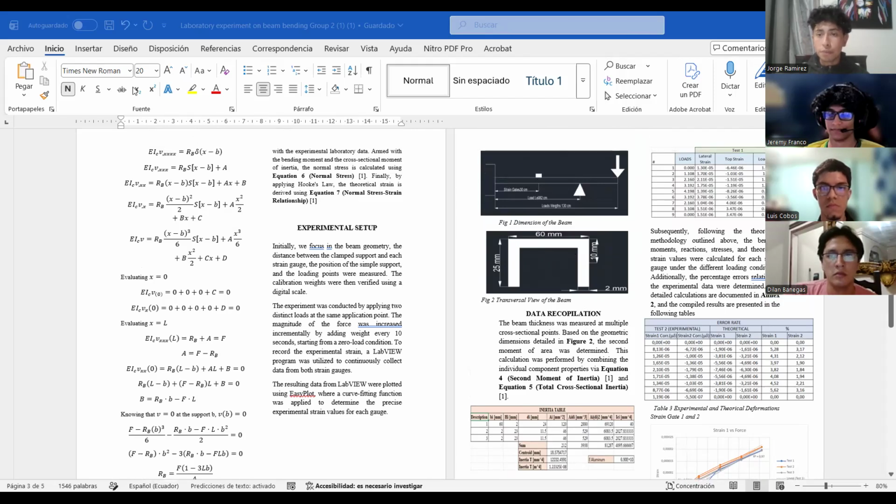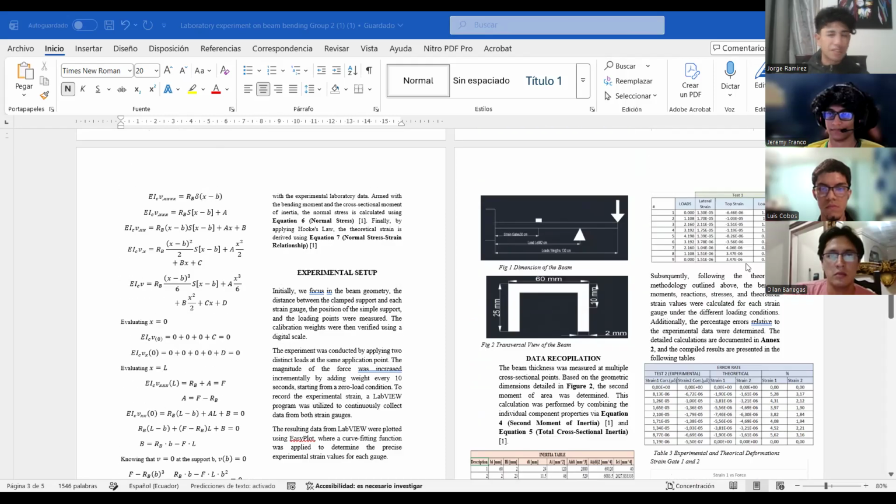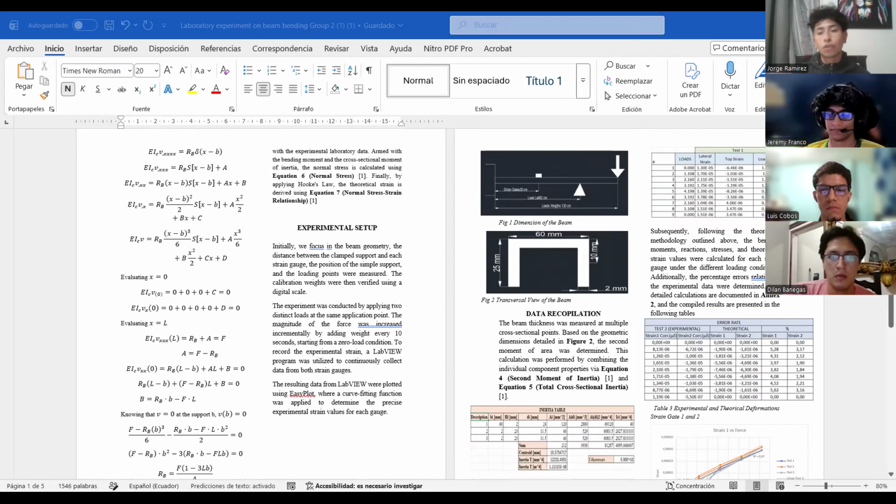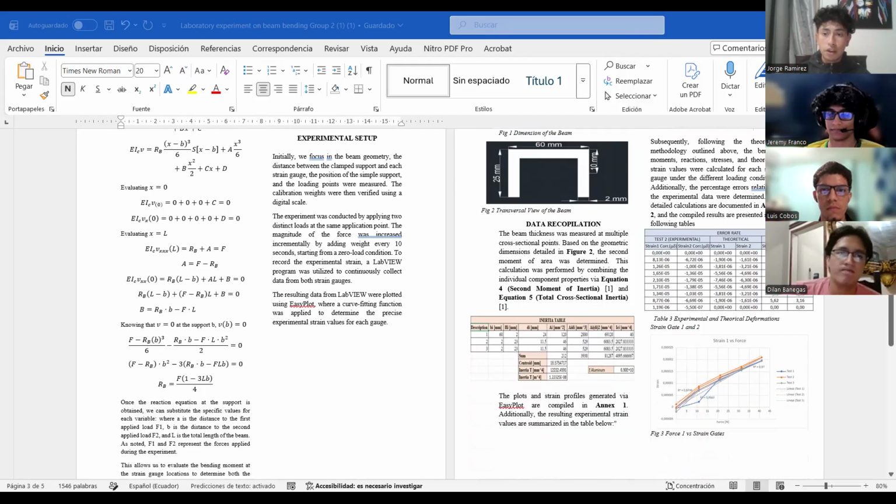After that, we can see our best test. We can see all the loads over time, what the value is that we obtain in the lateral strain and the top strain, and also that we make the conversion with the calibration formula.